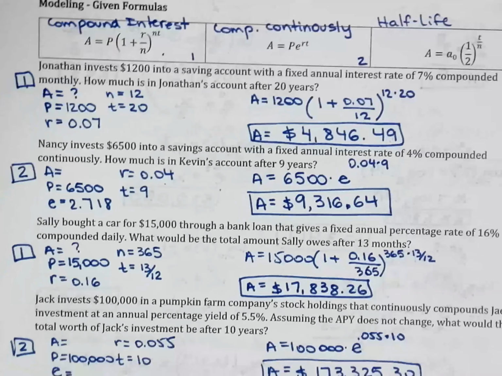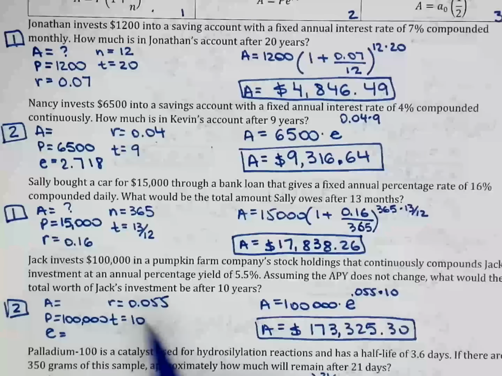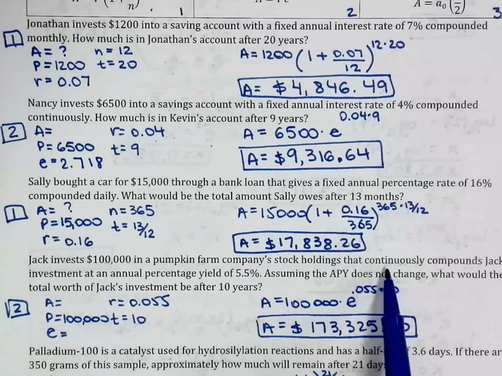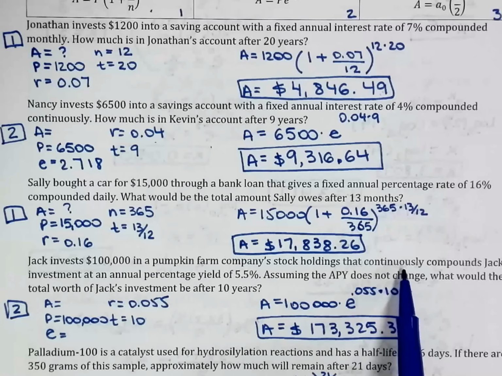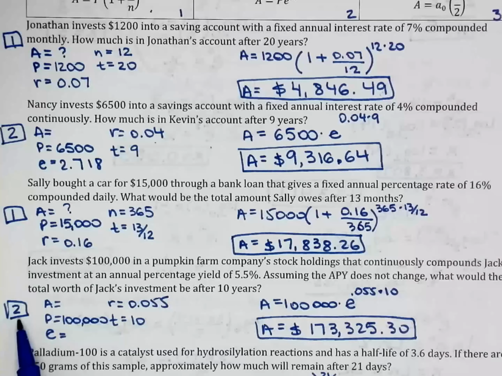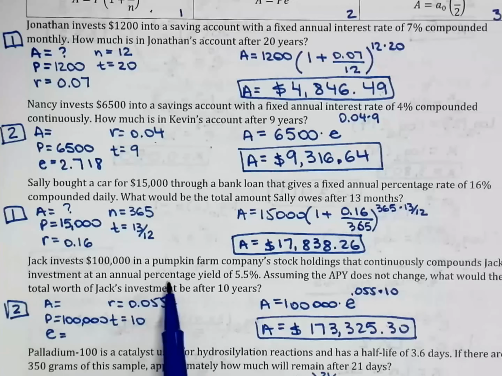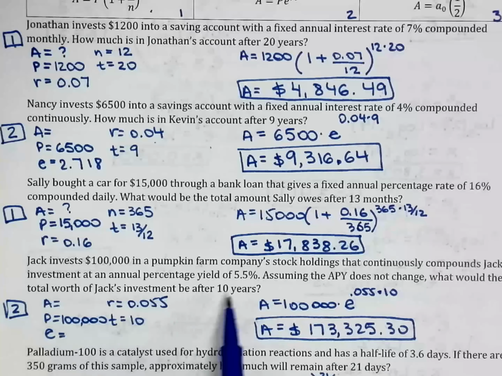Okay, 2 more. So the next one is continuously. So we're choosing equation number 2 or function number 2. These are my values. P is 100,000. Rate or percent. Rate is 5.5, so change that into decimal. 10 years.